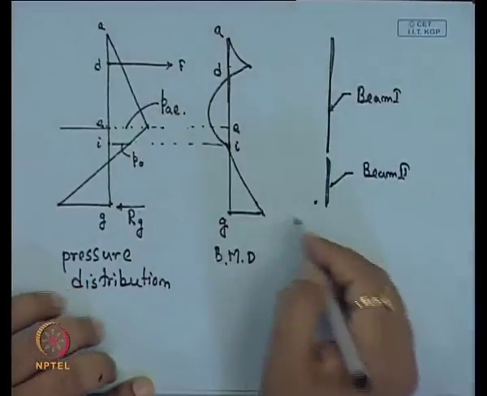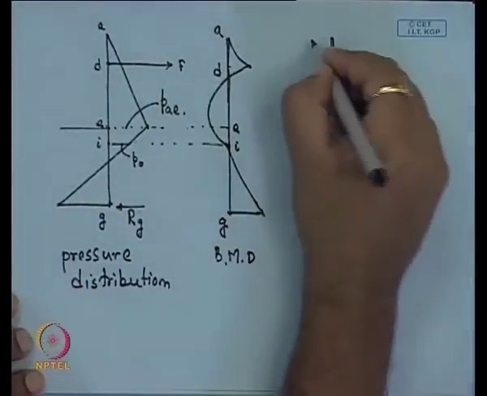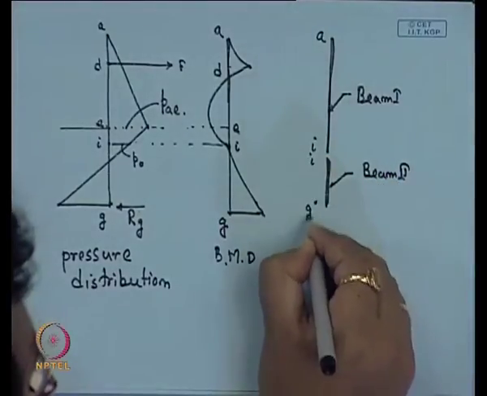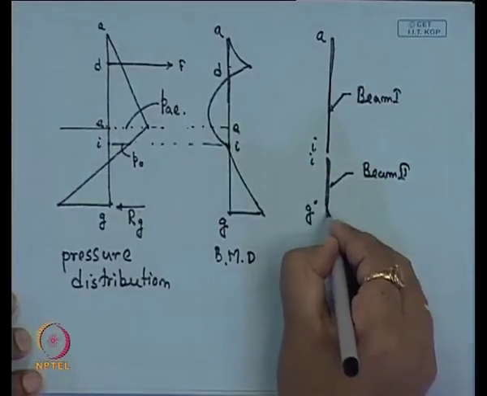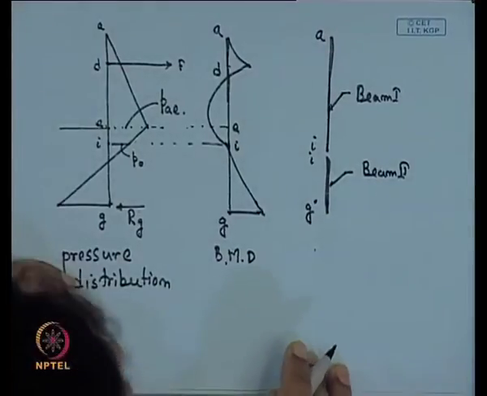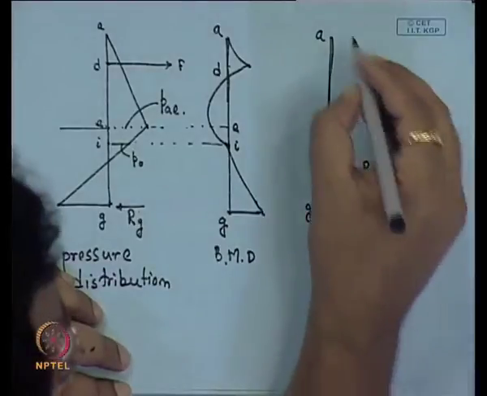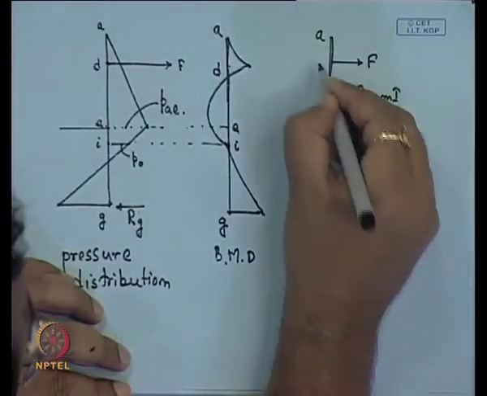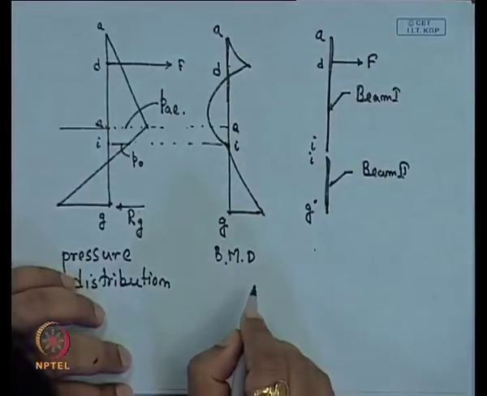Because the sheet pile we are considering is two beams, one is A to I, another is I to G. Now, what are the forces in the first beam? That force F at D level will act as the anchor force.